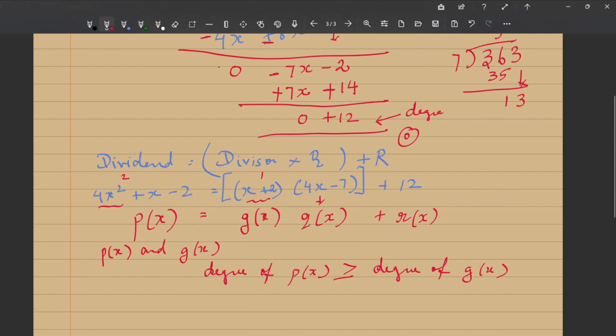And what about the other very important condition which holds good in numbers also? G of x should not be equal to 0, because you cannot divide any number by 0. Same way, you cannot divide any polynomial by 0.